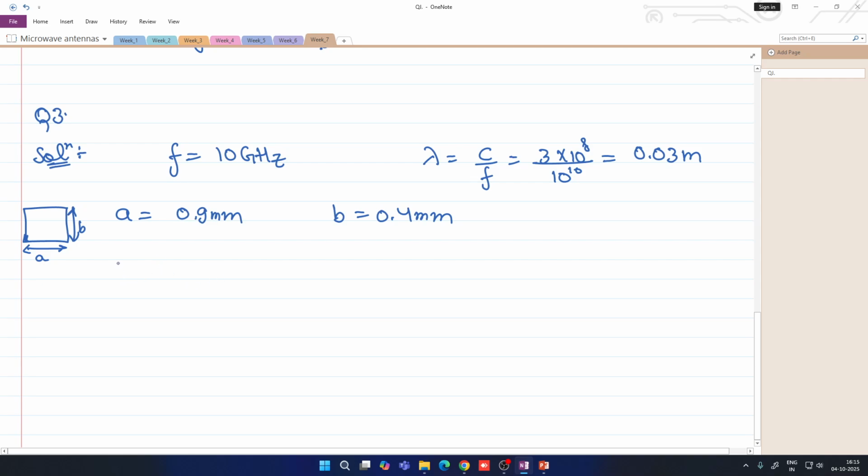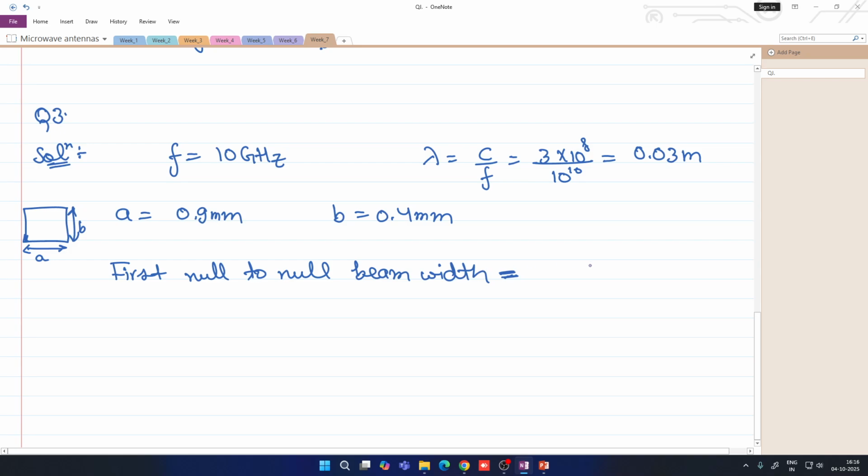In the problem we have to find the first null to null beam width, which we have already seen in the lectures.